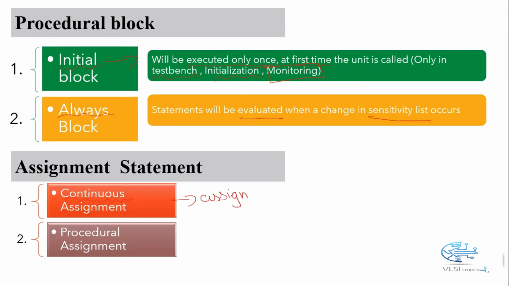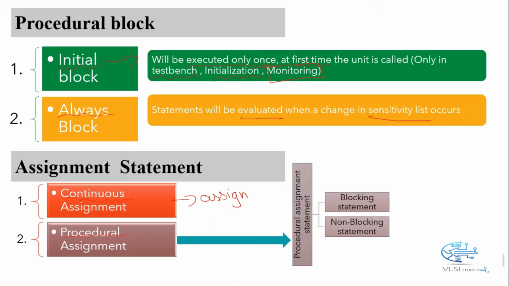And for assigning the variables used in our procedural block, we use procedural assignment statements. They are generally called the blocking and the non-blocking statements. We can go through that in our next lecture. Let's dive into the procedural blocks and the assignment statements in more detail. The first thing is the initial block.